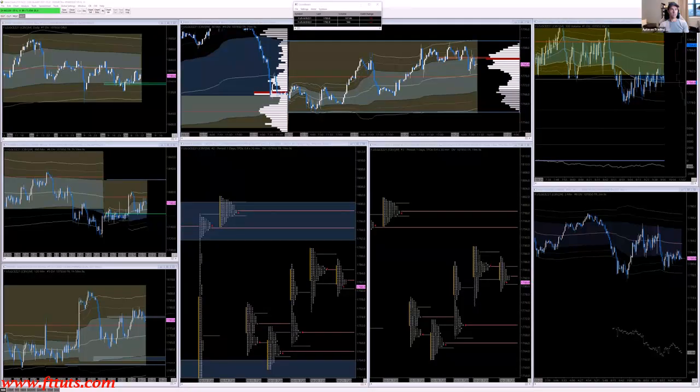Really nice little consolidating bear flag here. Almost like on the ETH chart, a time acceptance imbalance pullback. All right, we're short.